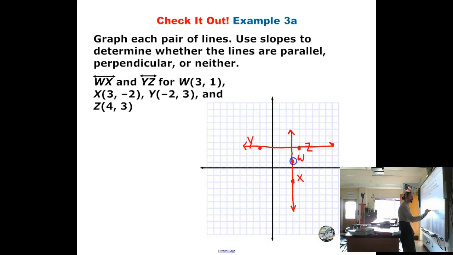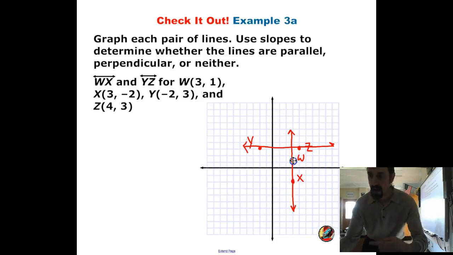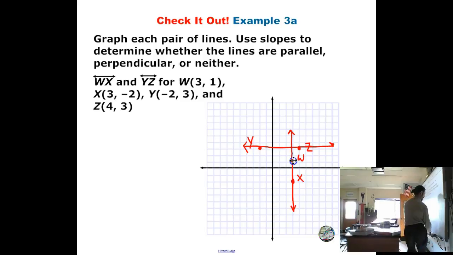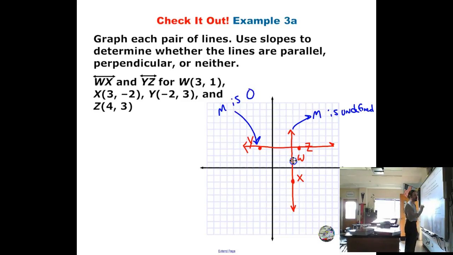Now at this point you're saying, wait a minute, of course these lines are perpendicular. The slope of this line, XW, is undefined, and the slope of YZ is 0.